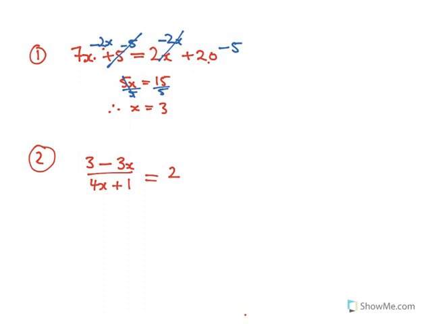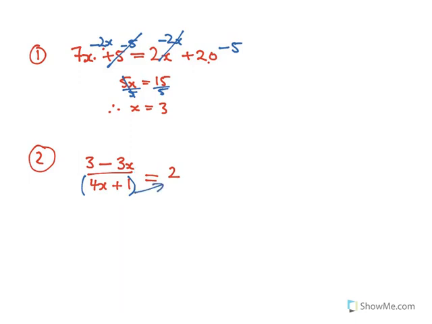Okay? Alright, this one's a bit harder. So I want you to pay close attention to this one. Okay, so my biggest problem at the moment is the fraction. So I'm going to get rid of it.